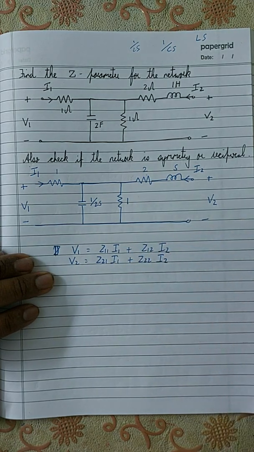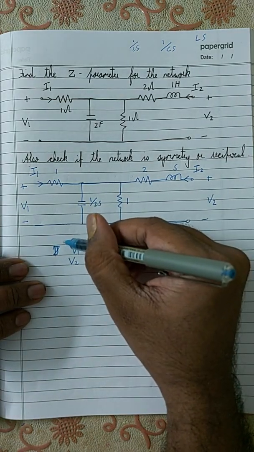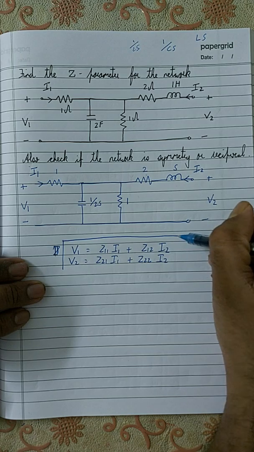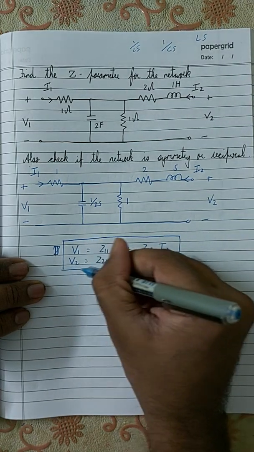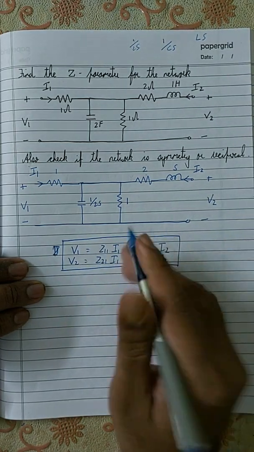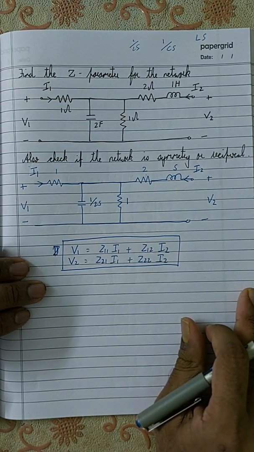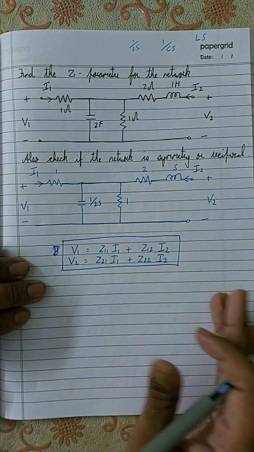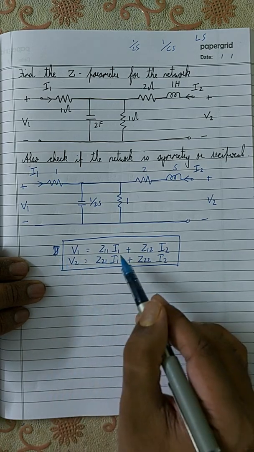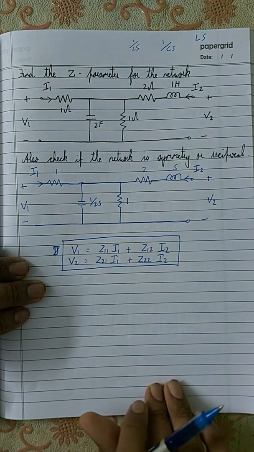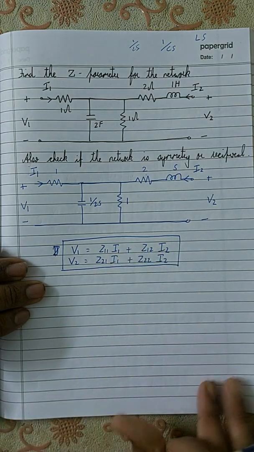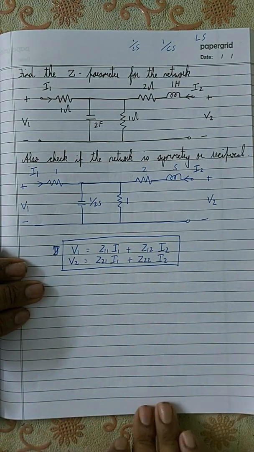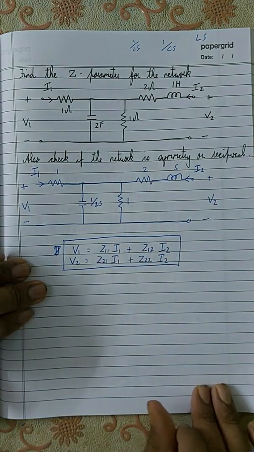So always don't forget to write your parameter equation, whichever parameter you're asked for. The advantage is that you will know what you're trying to find, which means you need to find the equations. In this case, you need an equation where you see only V1, I1 and I2. Also, you need another equation in which only V2, I1 and I2 appear. Like that you need to find the equations.